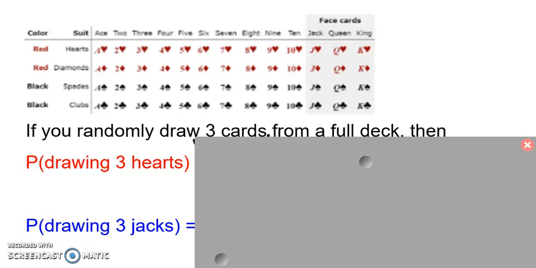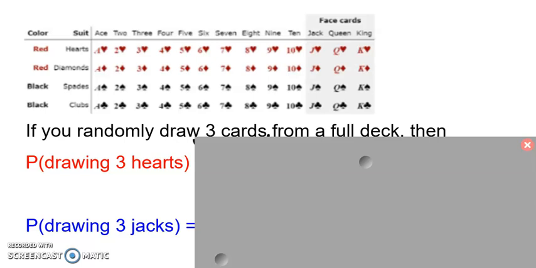So here, probability of drawing 3 hearts, I need to look at what's the probability of drawing 1 heart for my first card, what's the probability of drawing a heart for my second card, and for my third card, because it's going to be different. I'm not picking a heart, putting it back in. I'm drawing 3 different cards, and I want all 3 of them to be hearts.